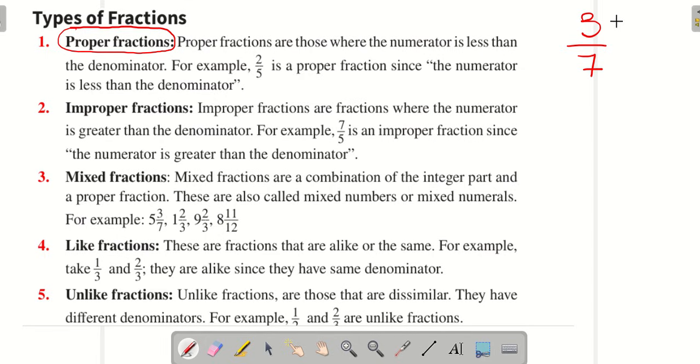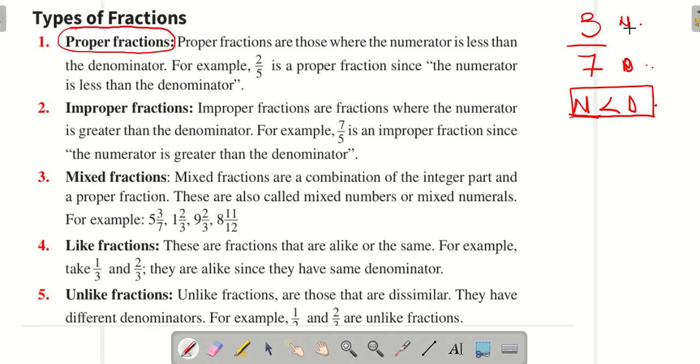This is the numerator n, and this is the denominator d. We can see clearly that the numerator is less than the denominator. So if this condition is met, then the fraction becomes a proper fraction.